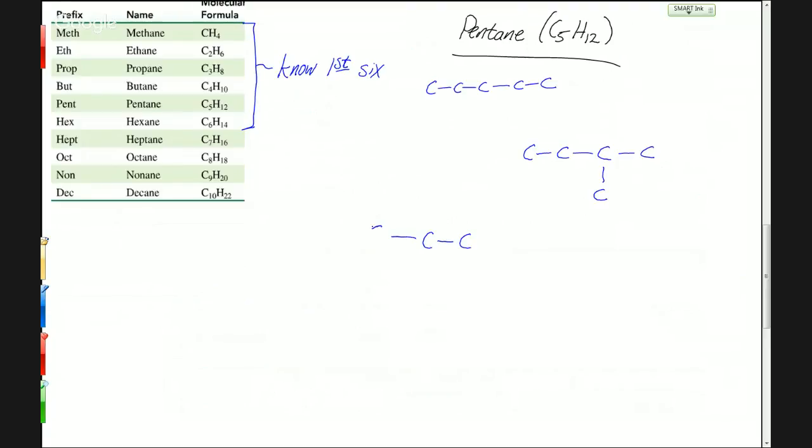We could break a second one off and put it on the same carbon with that first one. Those are all different molecules. They have different properties, different boiling points, different melting points, maybe different ways they react in some situations, different crystal structures. So they're not the same.